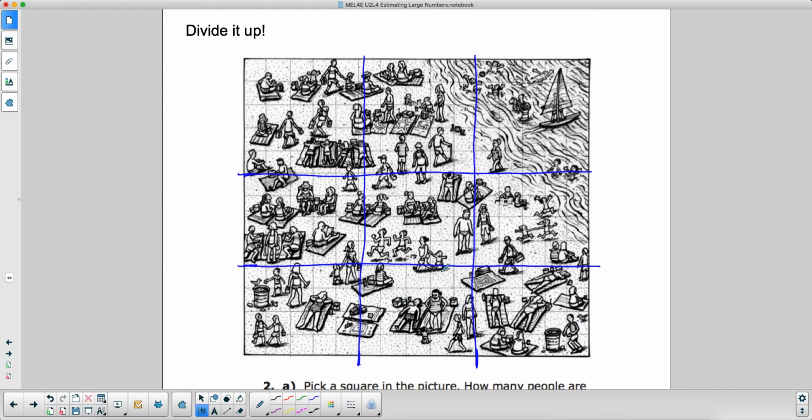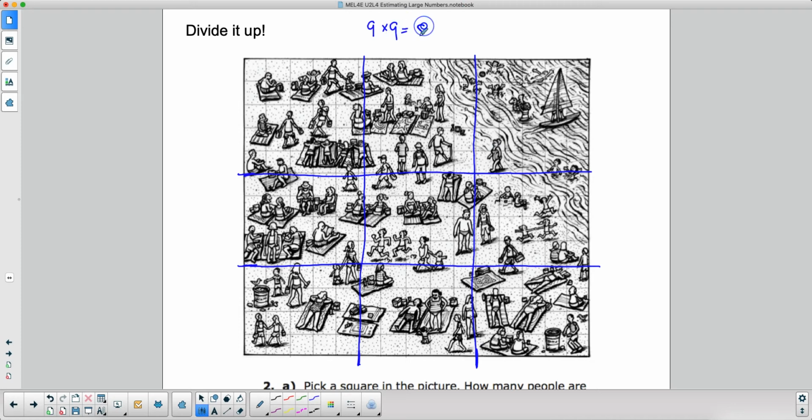Now let's count one of them. I'm going to count this one: 1, 2, 3, 4, 5, 6, 7, 8, 9. Some of these people are kind of cut off, but it looks like there's about 9 in that space. And we've got 9 spaces. So by that estimate, we have 9 people in a space and 9 spaces.